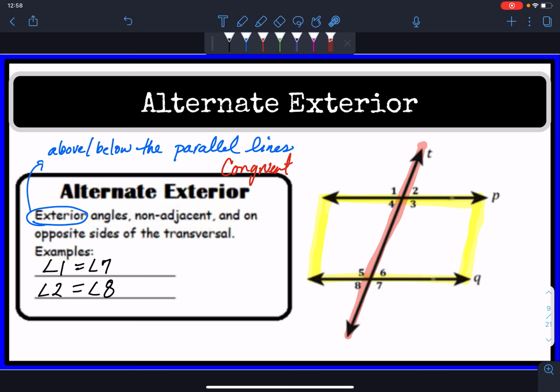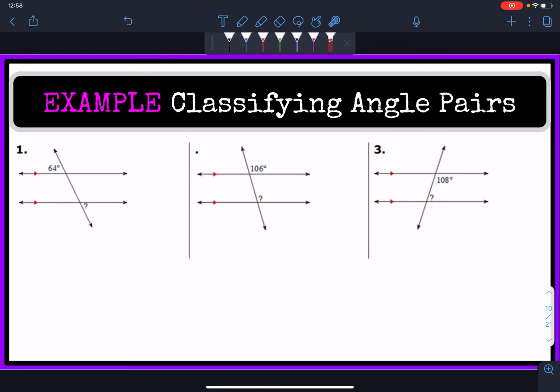Now, the way that we use this information is to set up equations and solve for values of x. So, for example, here, classifying the angle pairs, we can figure out what the angle measurements are by looking at the relationship between the two angles.